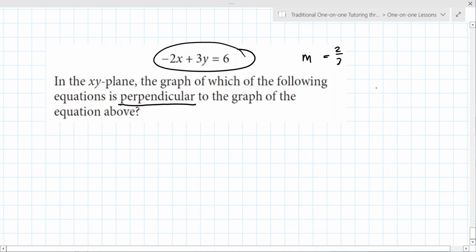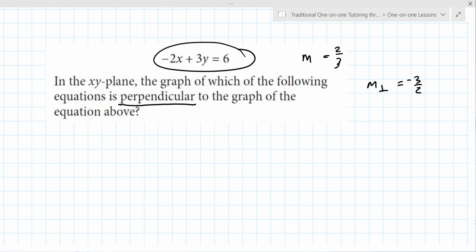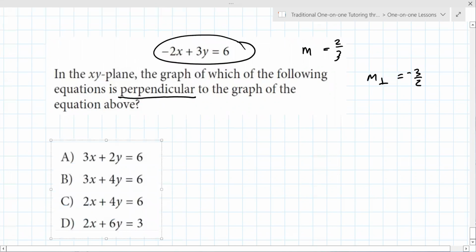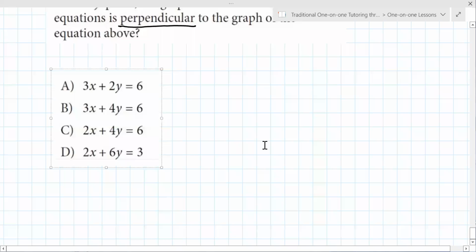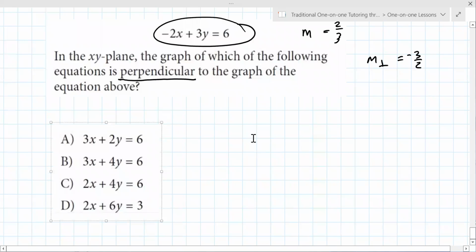So the perpendicular slope is -3/2. Now we're going to go look at some equations. Unfortunately, they're all in standard form, so I'd have to solve for it. Just try A. I want you to solve it for y, and maybe its slope is -3/2.